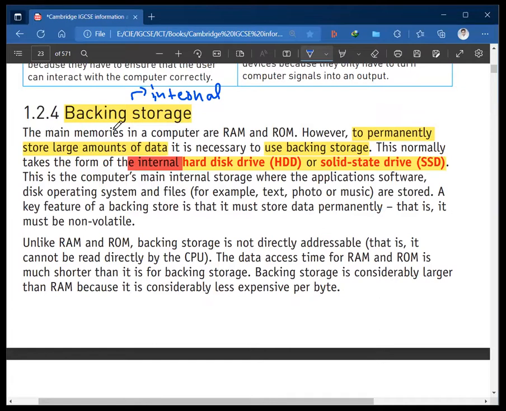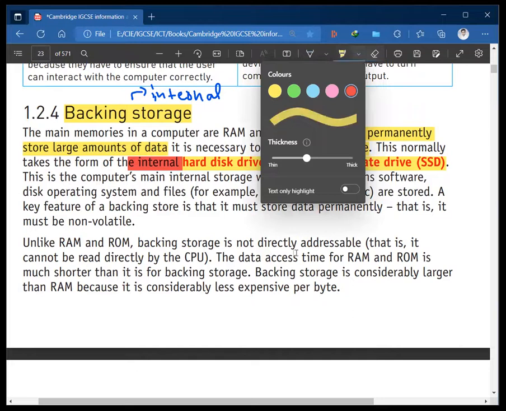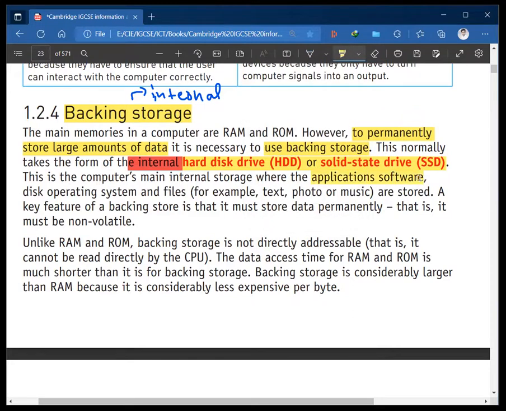Is that clear? Read the highlighted part again. To permanently store large amounts of data, use backing storage, the internal hard disk drive HDD or solid state drive SSD. Application software, disk operating system, and files are stored.